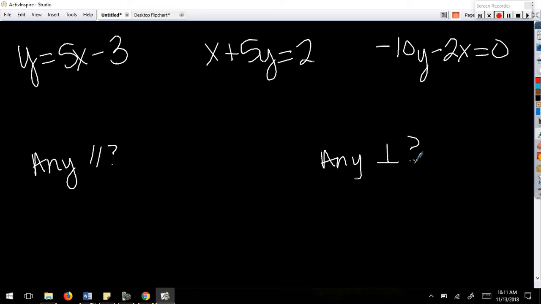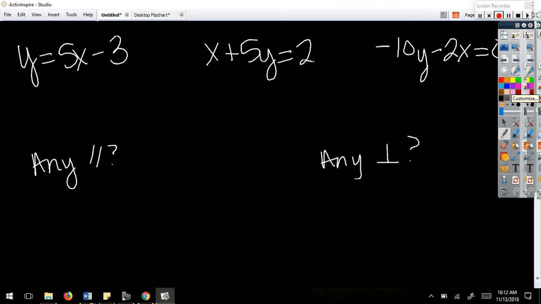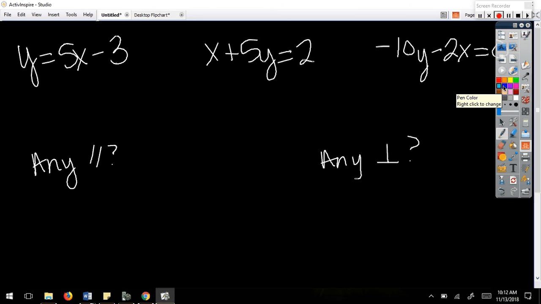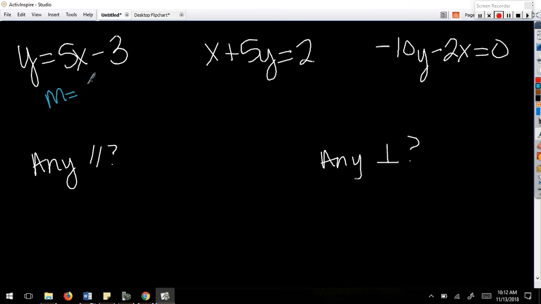To determine if they're parallel or perpendicular, I have to determine the slope, right? First one's easy peasy. We're not manipulating right now, we're just looking at the equations. It's just 5. What is the slope of the second equation?